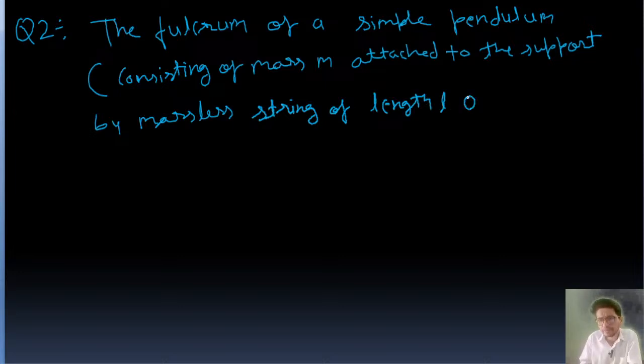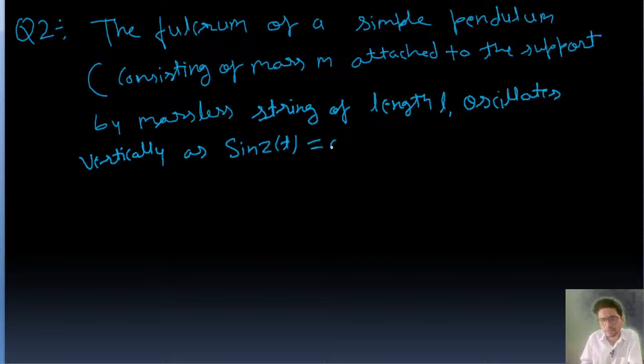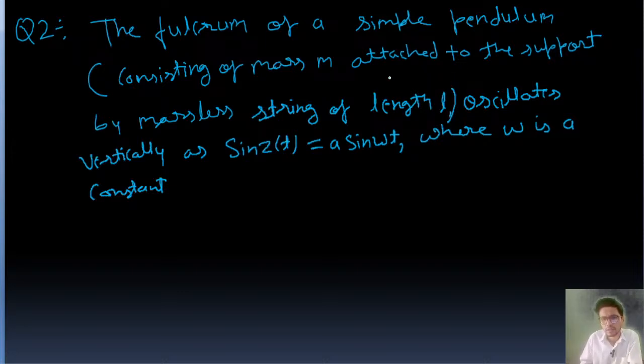oscillates vertically as z t equal to a sin omega t, where omega is a constant.